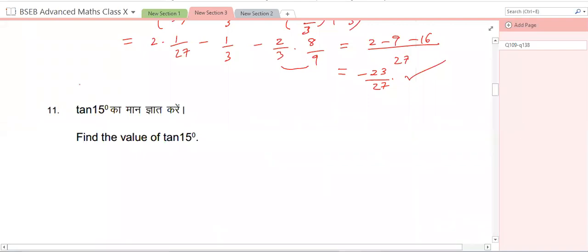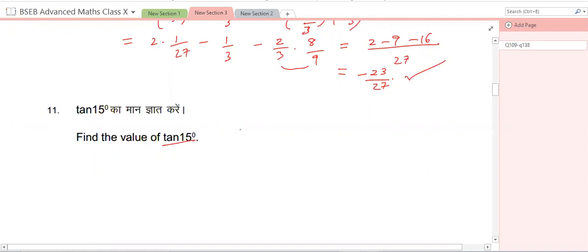Find the value of tan 15, question 11, or in my case, I'm saying that is question 111. Tan 15, to find tan 15, remember we can use special angles.